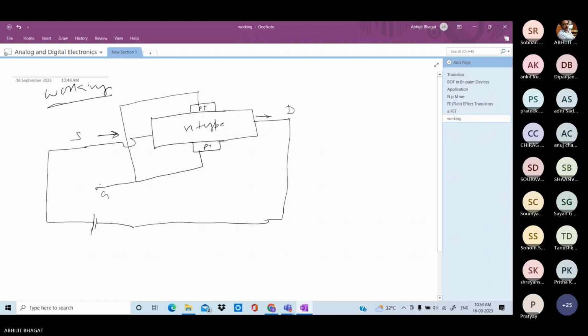Your electron flow is just reverse to the current flow direction. You can note down: electron is flowing reverse to the current direction. The previous one is okay. This one is wrong.